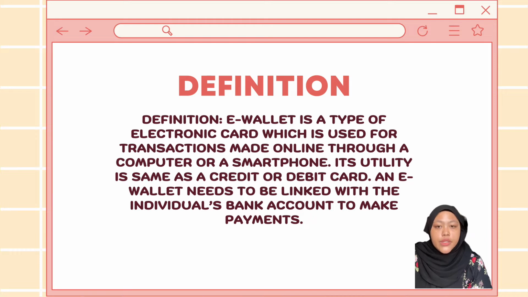From this definition, we know that the e-wallet has the same function as our debit card. We just do not need to bring the card, we just use the phone to make a payment.